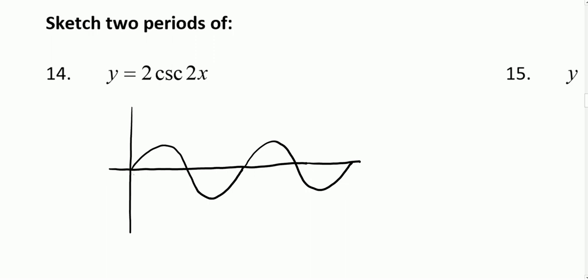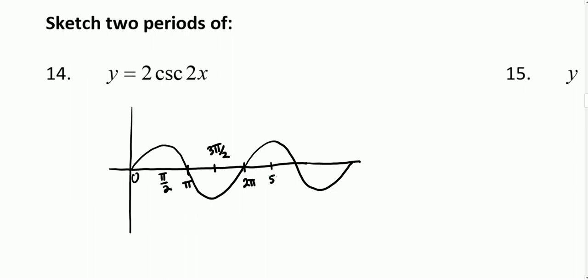We hit our critical values. So we got 0, pi over 2, pi, 3 pi over 2, 2 pi. Keep going. We're adding pi over 2 each time.